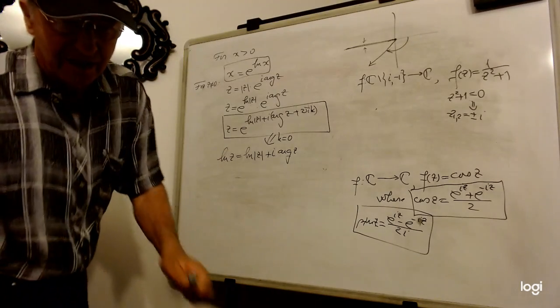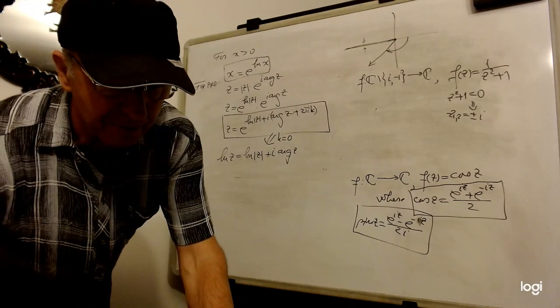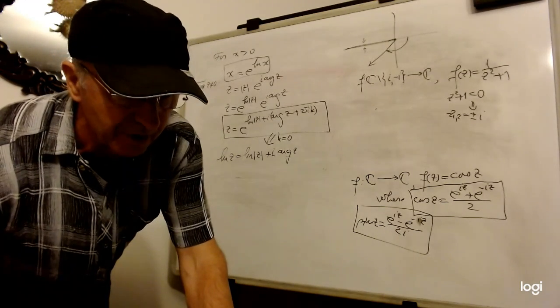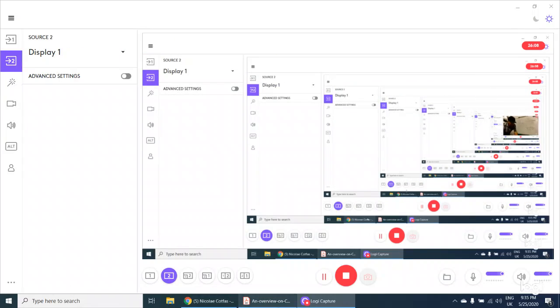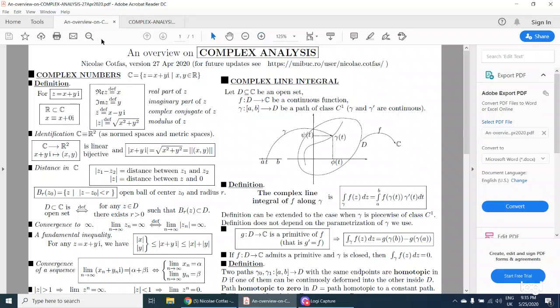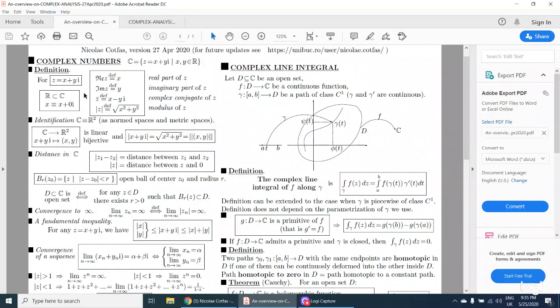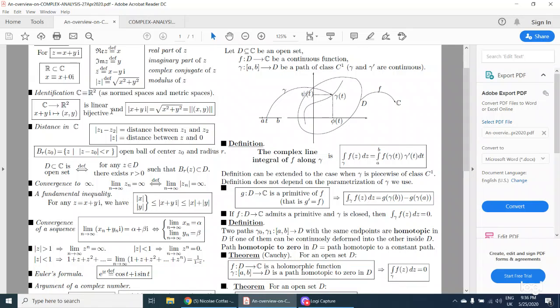Okay. Now I shall present you an overview for this. We started in the previous video clip with the presentation of complex numbers, real part, imaginary part, complex conjugate, modulus, the identification.